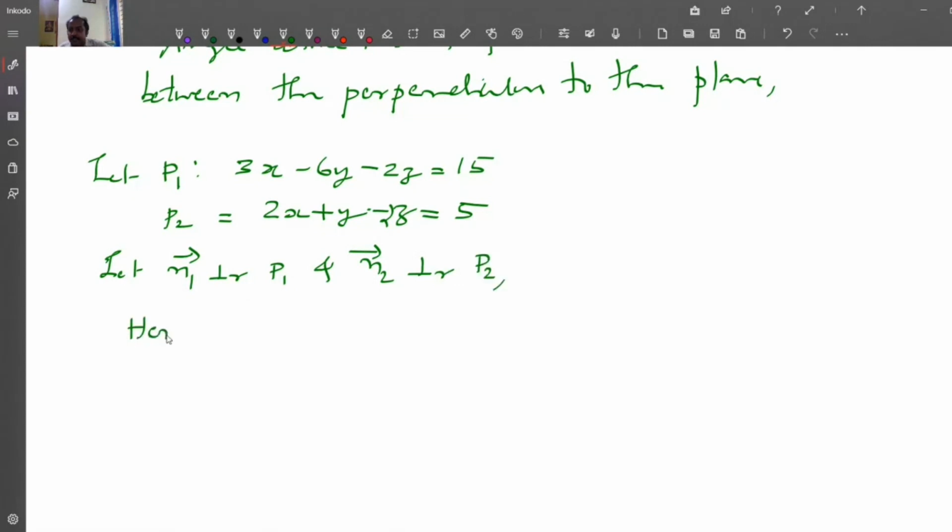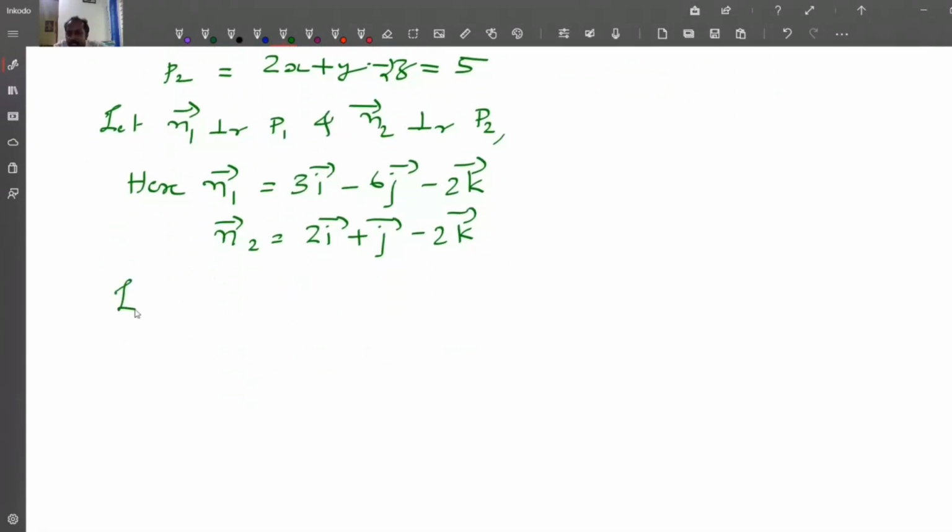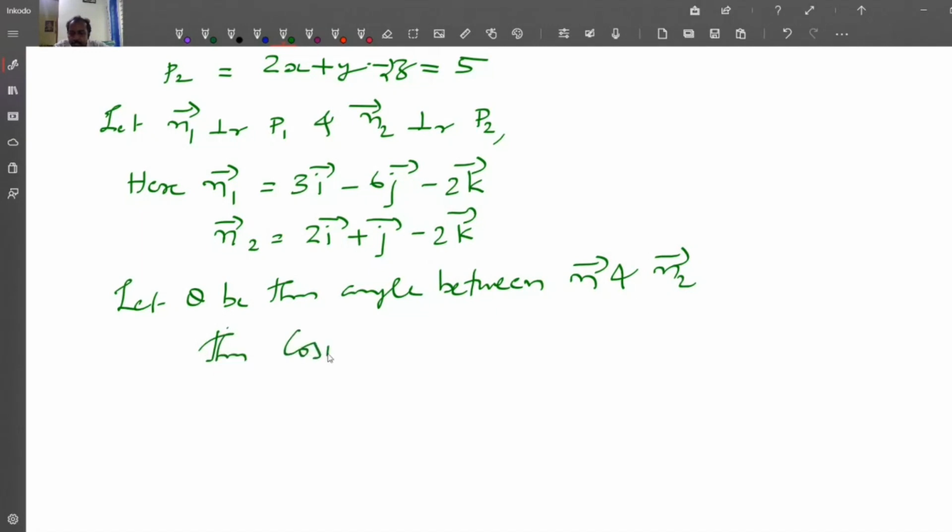Here n1 is 3i minus 6j minus 2k, and n2 is 2i plus j minus 2k. Therefore, we have to find the angle between the vectors n1 and n2. Let theta be the angle between n1 and n2. Then cos theta is equal to n1 dot n2 divided by modulus of n1 into modulus of n2.